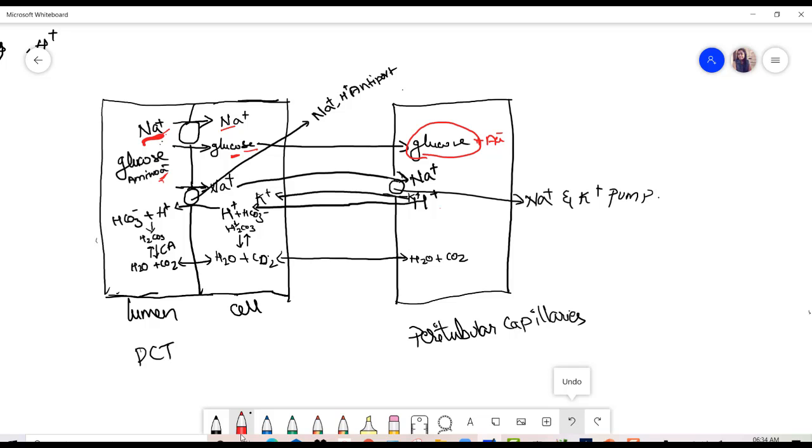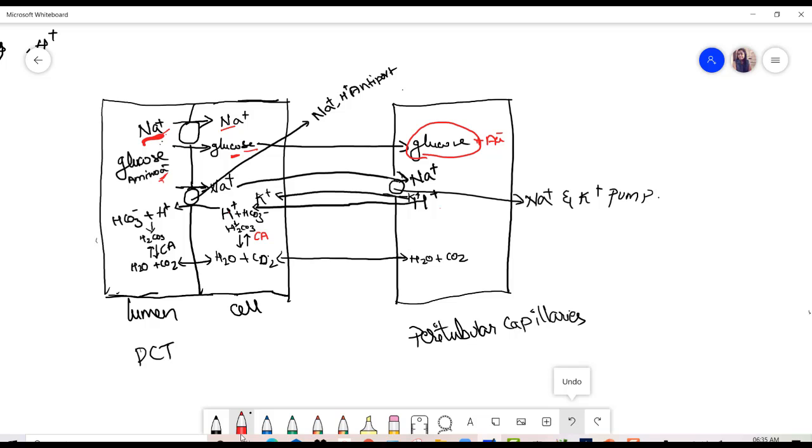In this cell, the hydrogen will combine with bicarbonate and give rise to carbonic acid. This carbonic acid, with the help of the enzyme carbonic anhydrase, is broken down into water and carbon dioxide.